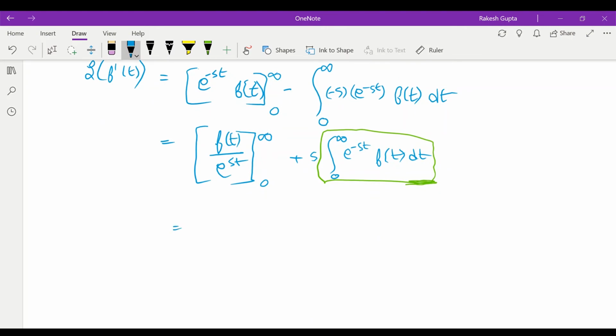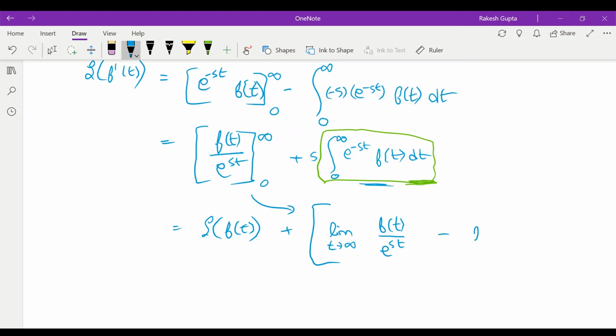I'm just going to write this term first. So now this term can be written as upper limit minus lower limit, right? So for the upper limit where t is tending to infinity, minus the lower limit where t is tending to 0.